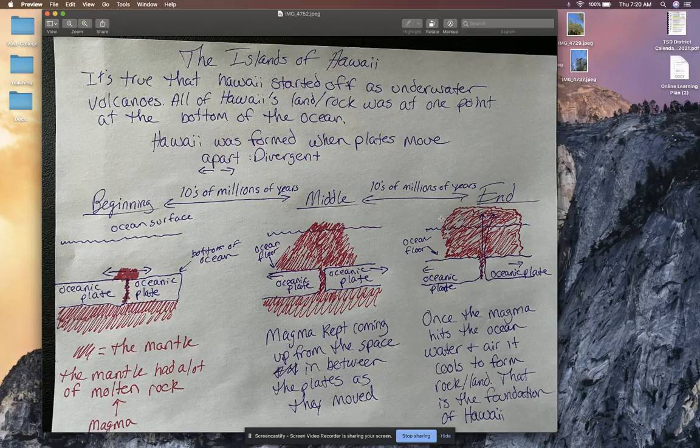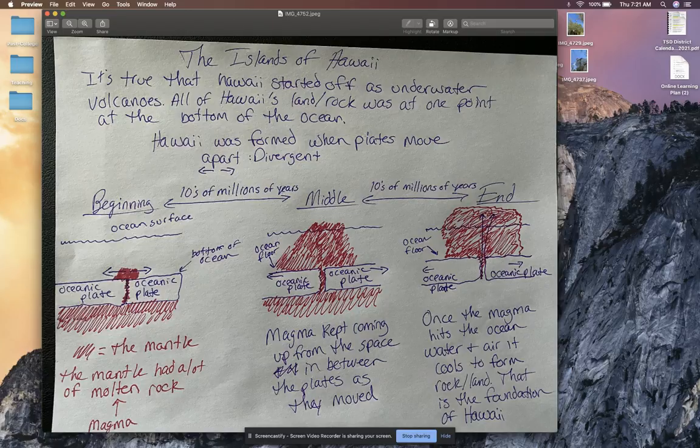the ocean surface. So this took a really long time, but it's because the oceanic plates underneath move apart from one another, and they allow the mantle, the magma, to come up and cool to form rock. And that was really the foundation of the land. Now, a bunch of plants and trees and people have eventually colonized and live on Hawaii, but the foundation of it started on the ocean floor.